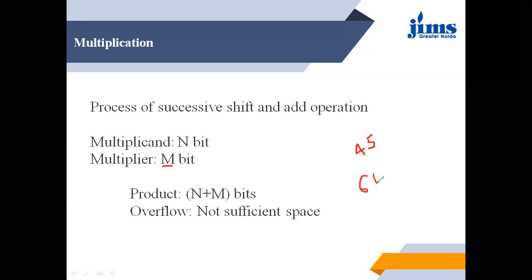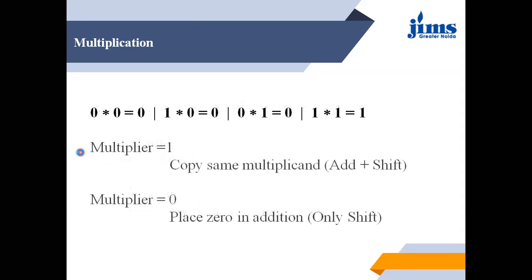But suppose we do not have a register whose capacity is to store 6 bits, then in that case there will be an overflow, as we saw in case of addition and subtraction.